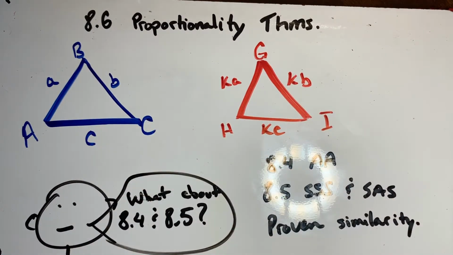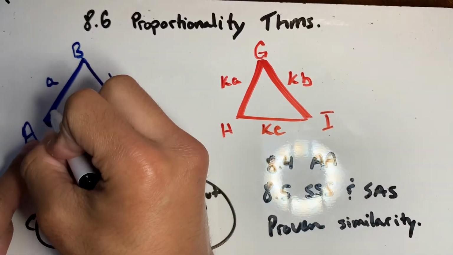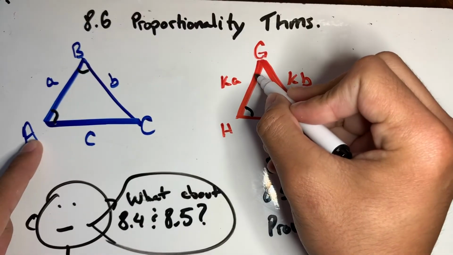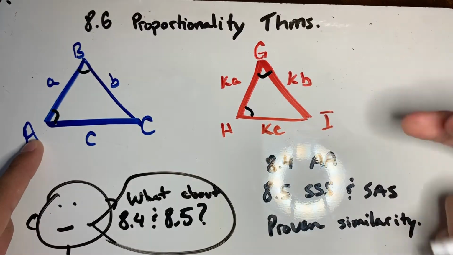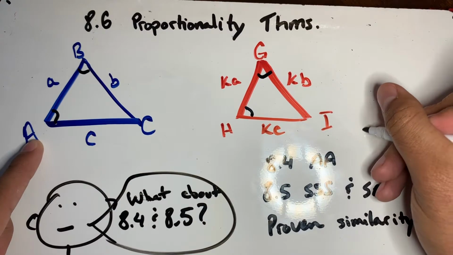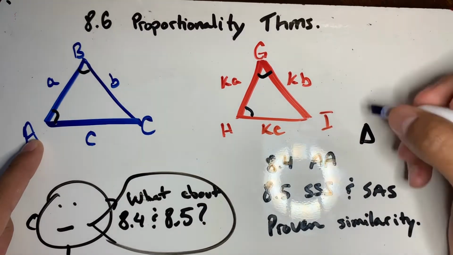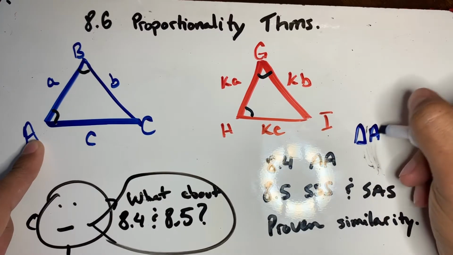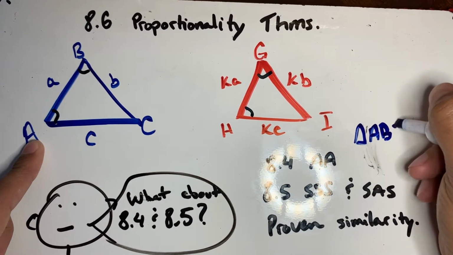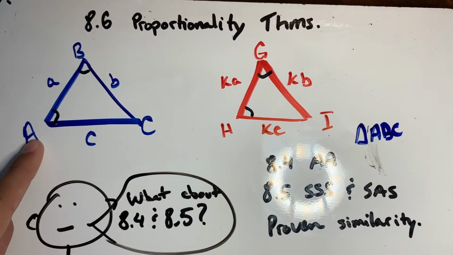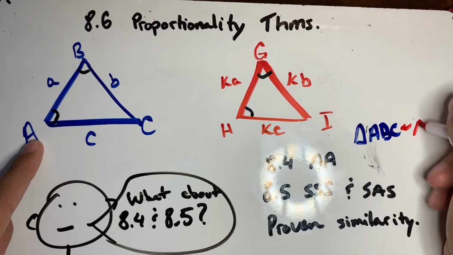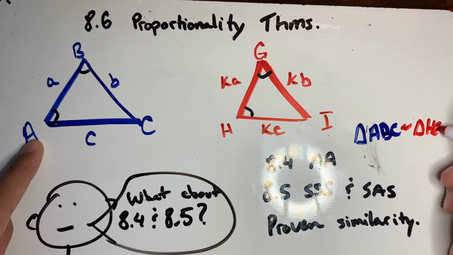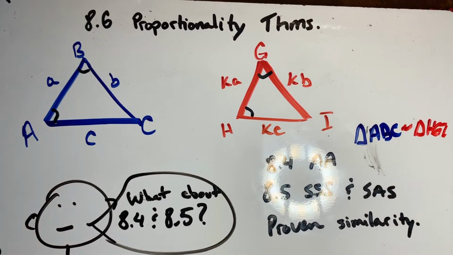So 8.4 would have been like, if angle A is congruent to angle H and angle B is congruent to angle G, then we can say the two triangles, so triangle ABC, I'll use the colors, so triangle ABC is similar to triangle HGI. Okay?